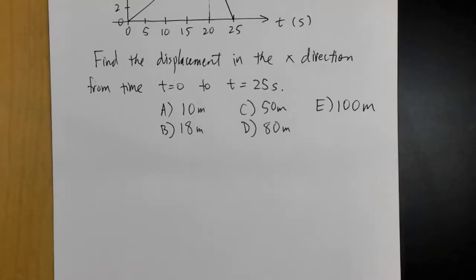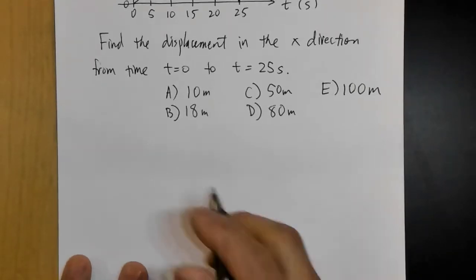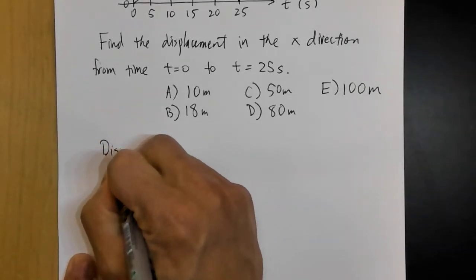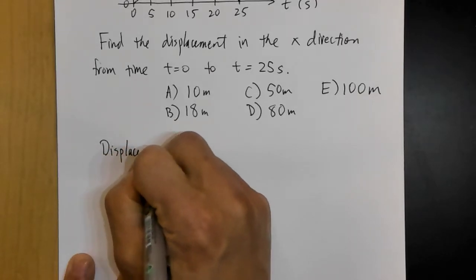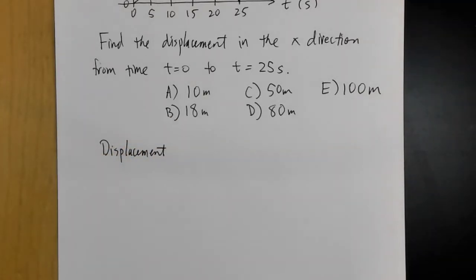The displacement is the area under the curve. Remember the relationship between displacement and velocity. The derivative of the displacement is the velocity, so we say the displacement is the antiderivative of the velocity. So if I'm doing the integral of the velocity, that will give me the displacement.